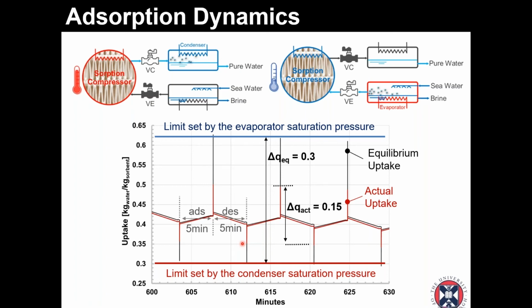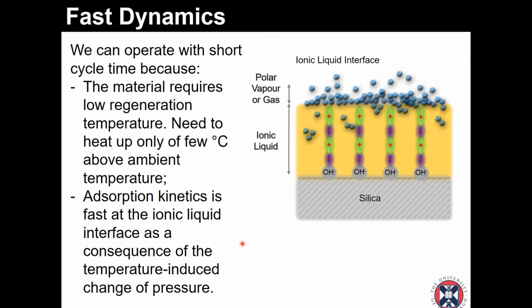And this has to do with the two factors, in our opinion, which are a matter of investigation. So the dynamics of the adsorption bed is short because we need to heat at low regeneration temperature.